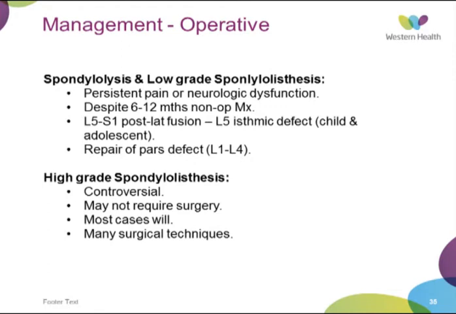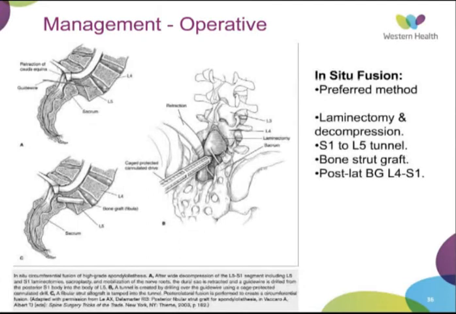With high-grade spondylolisthesis, management here can be controversial. Not everyone with high-grade spondylolisthesis needs surgery. Some patients can be managed non-operatively. There's a few different ways we can operatively manage these patients.